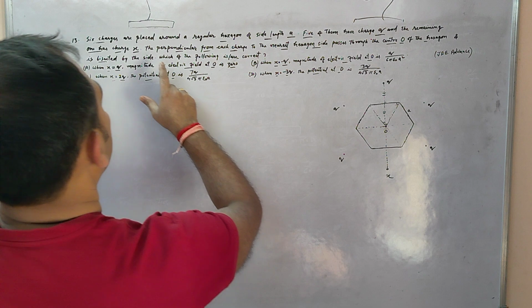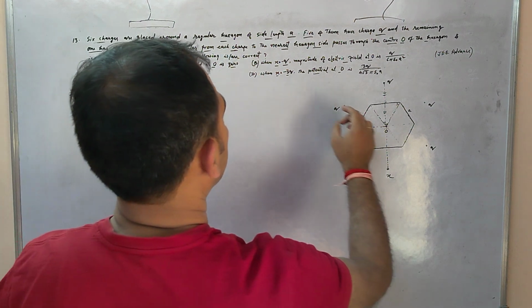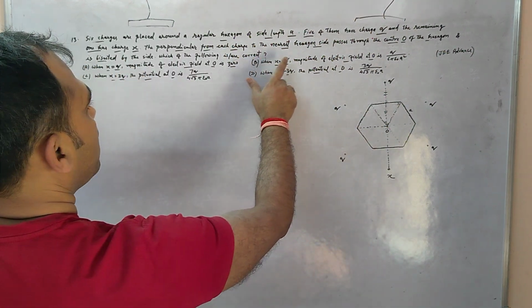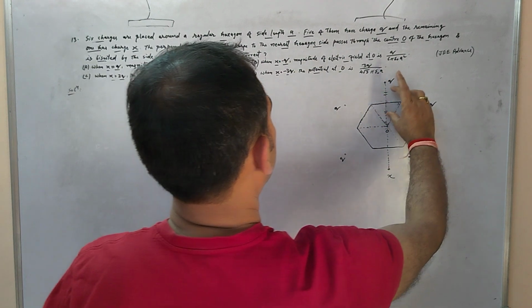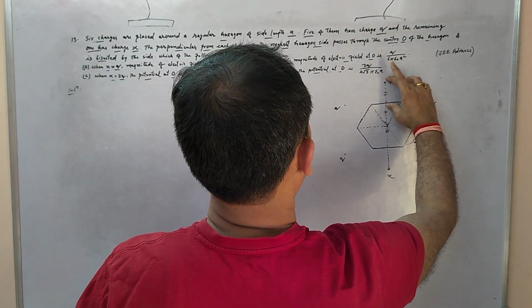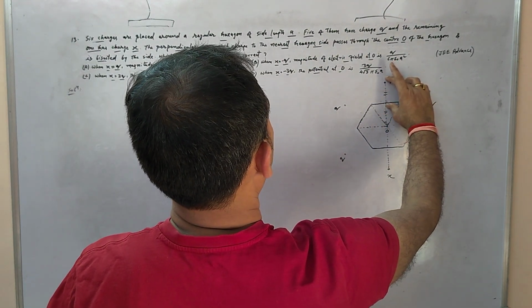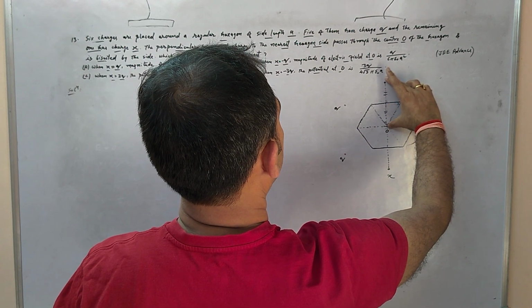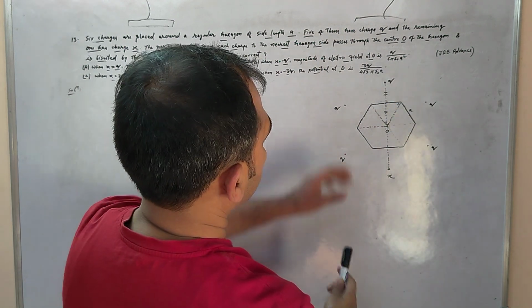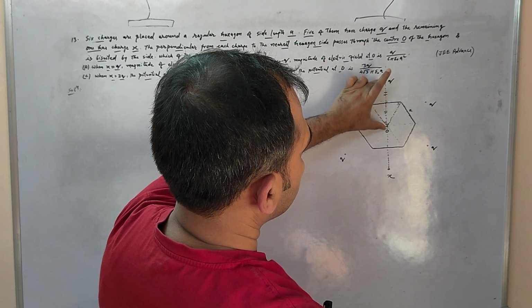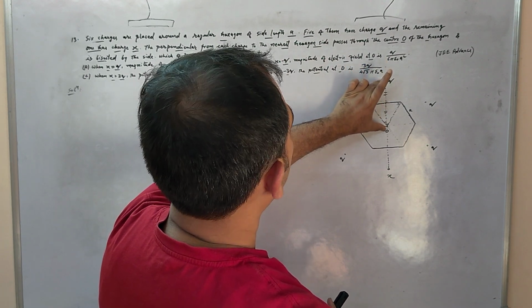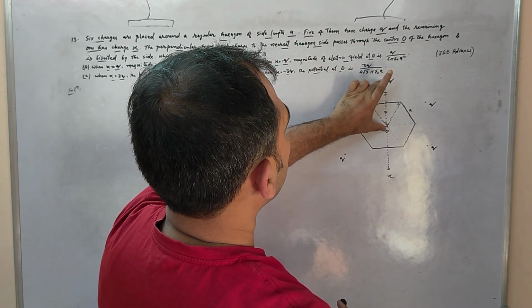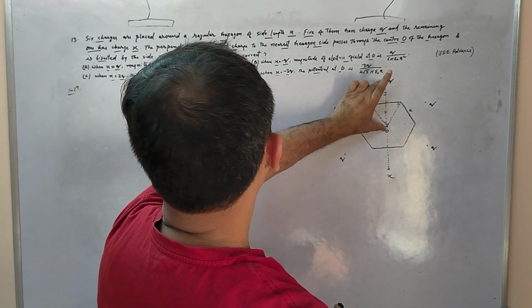The perpendicular from each charge to the nearest hexagon side passes through the center. This is your center. This perpendicular passes through the center of the hexagon and is bisected by the side.